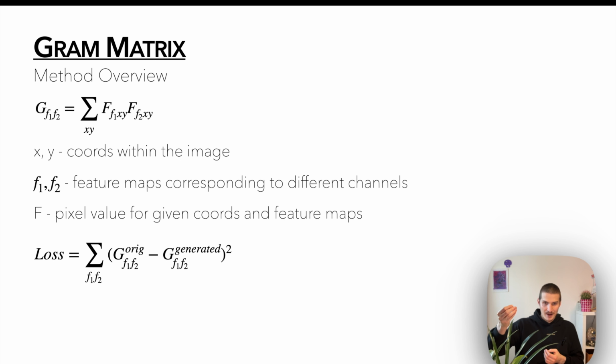If you have a feature map that represents dog heads, this cross correlation to itself will tell you how many dog heads there are. And if you have a pair of those, maybe dog heads and the letter A, so a particular filter map that is responsible for detecting the letter A, then this cross correlation will tell you how many dog heads with the letter A on top of them you would have in the picture.